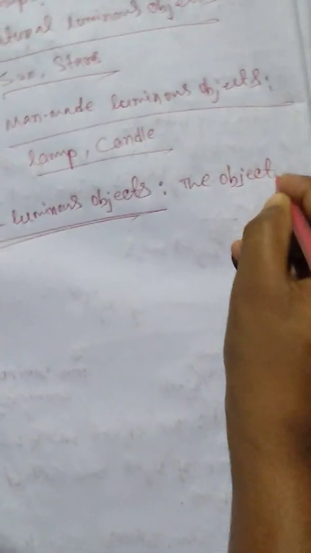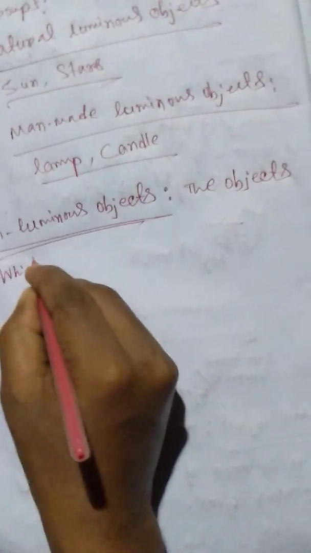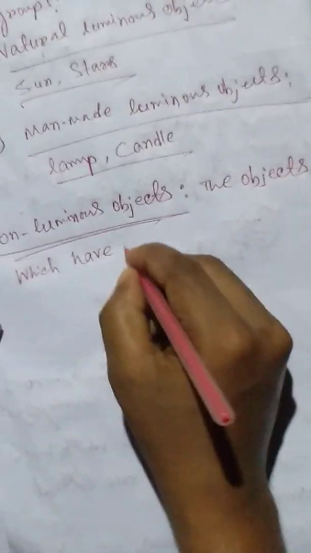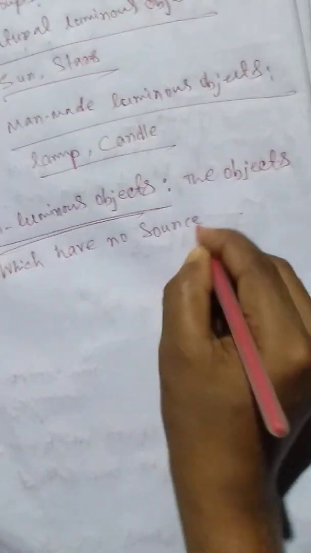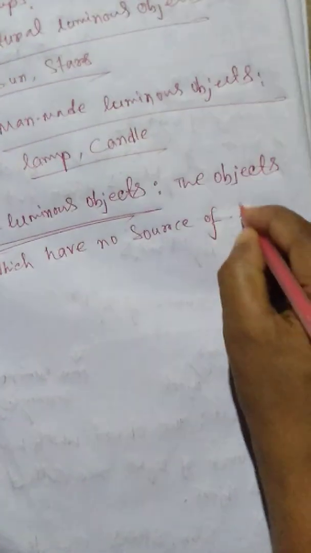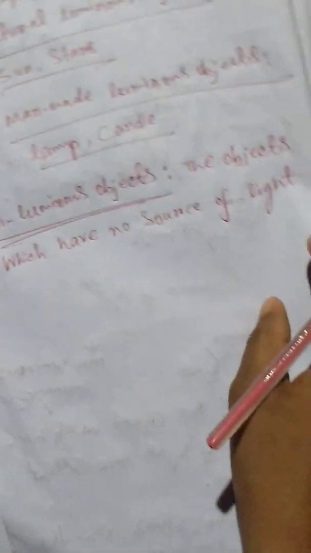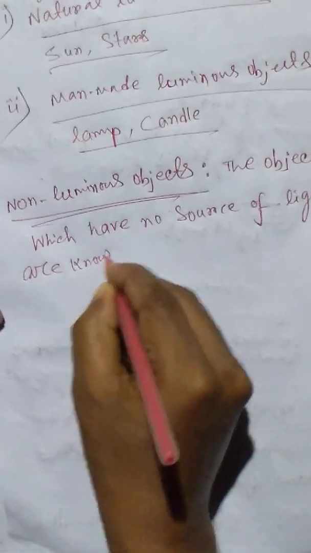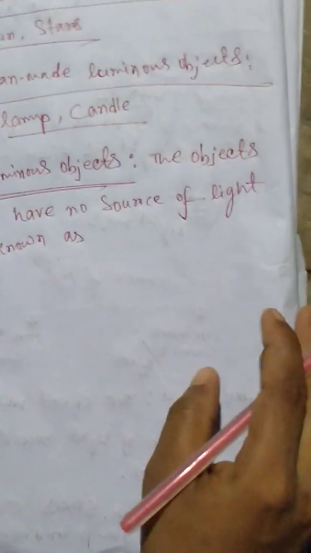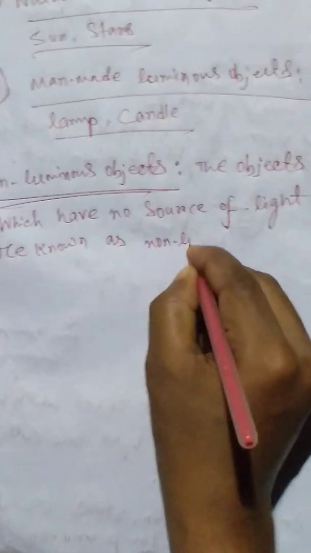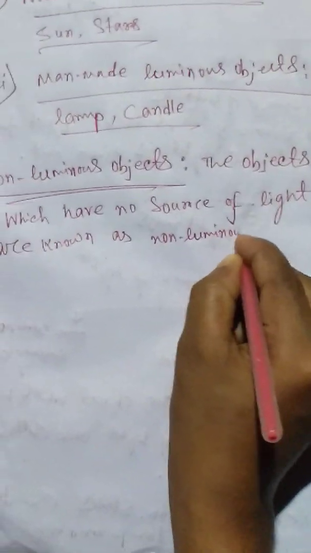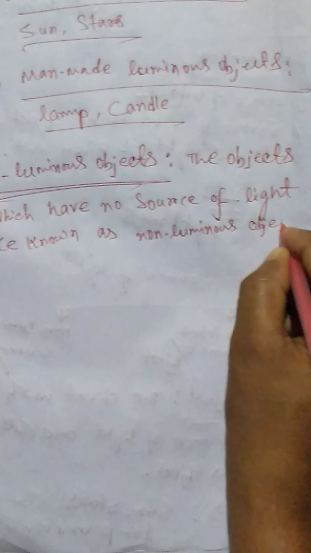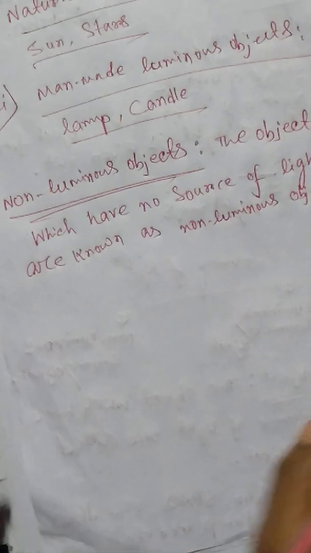The objects which have no source of light are known as non-luminous objects. And there are so many examples of non-luminous objects.